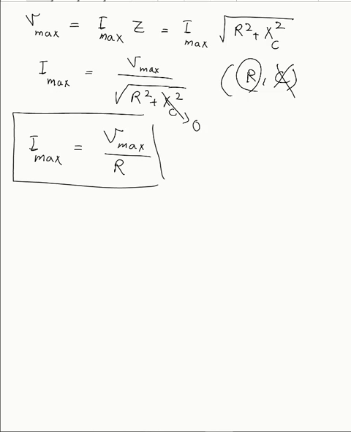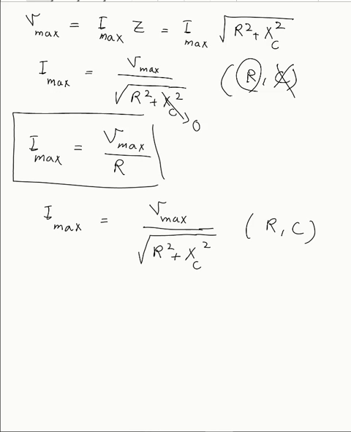Now let's see what happens if I don't have the resistor and I only have the capacitor. Again, using the most general form, I know that I max is V max divided by impedance, and impedance is the square root of R squared plus X_C squared.